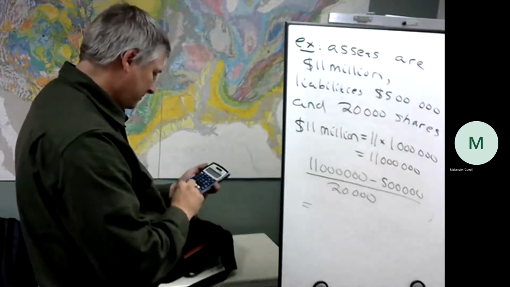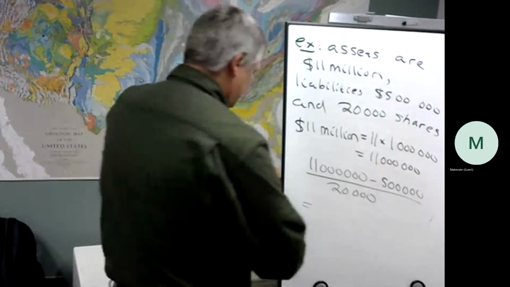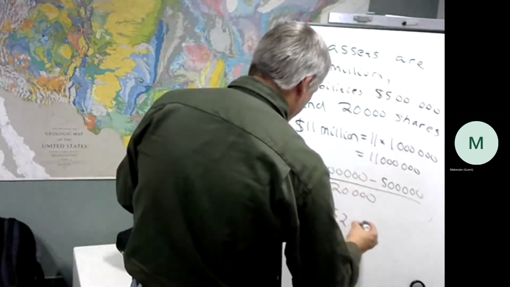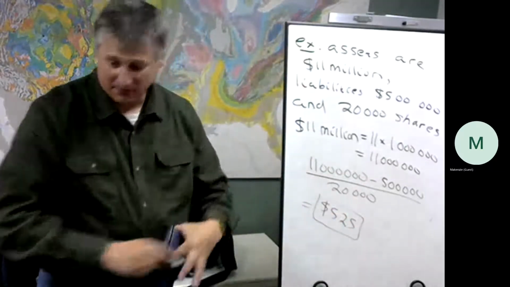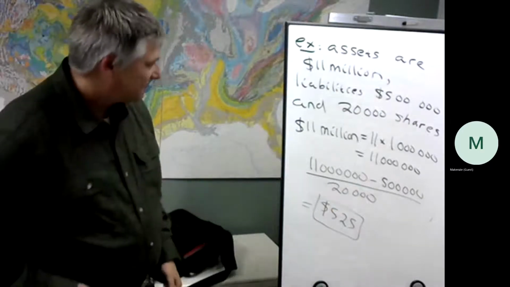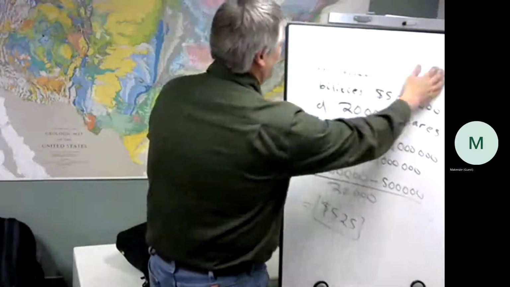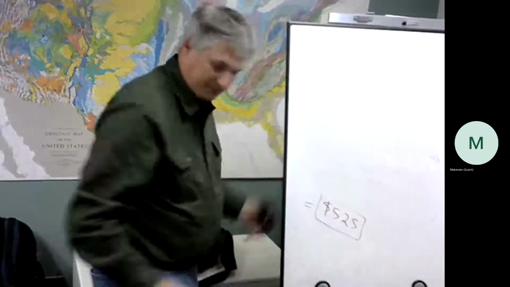If we do that calculation, we get $525. So that's the NAV. Now, another question they'll ask is, let's suppose we have $10,000.